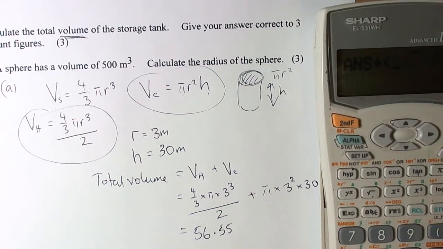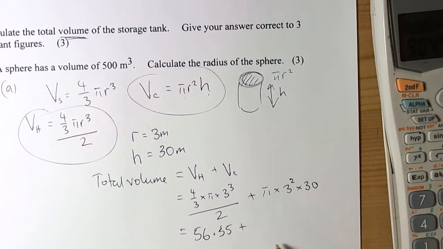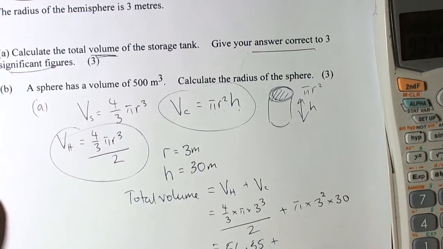So pi times 3 squared times 30, close the bracket, equals, so 900, and the whole thing came to 904.78.